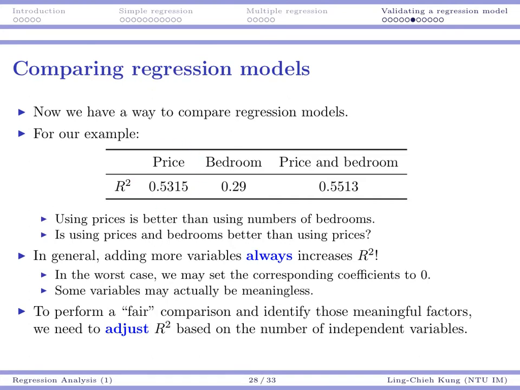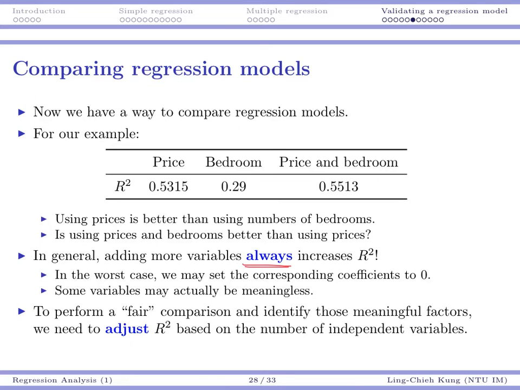Here, this is very dangerous. In general, adding more variables always increases R squared. This is something that you definitely need to keep in mind. Why? Suppose originally you only have one variable. Now you add another variable.